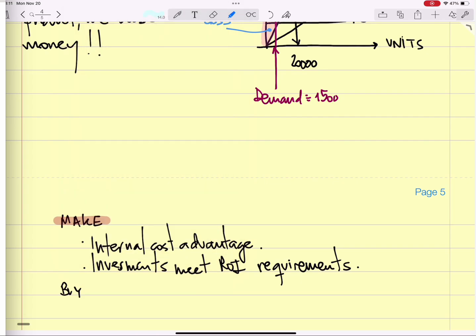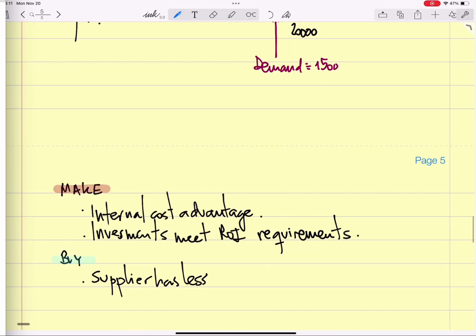let's say you make the break-even point analysis, of course. The supplier has less fixed cost. Or better quality.